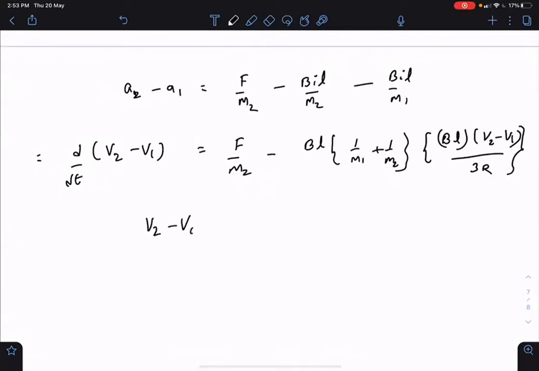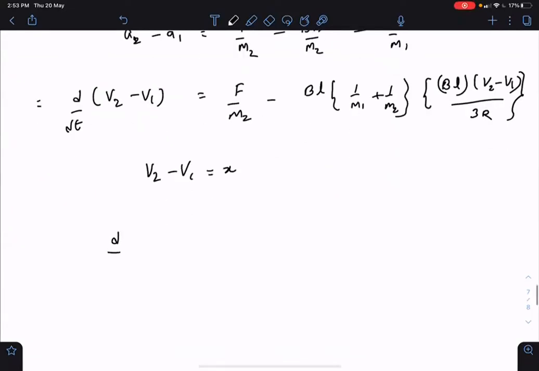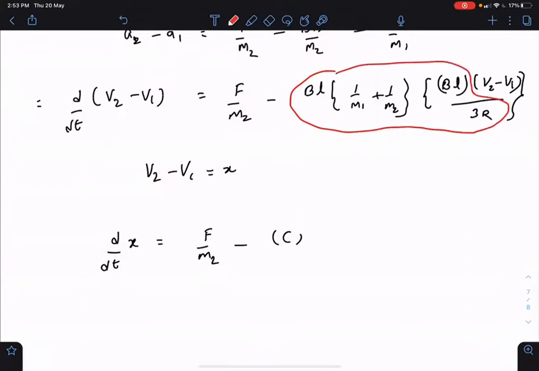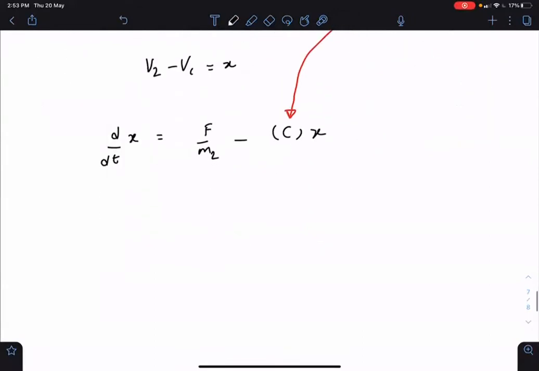So you can take V2 minus V1 as X. So you get d by dt of X as, and let's call this a constant. Again, you get an equation of the form x equal to some x naught into 1 minus e raised to minus t by tau.